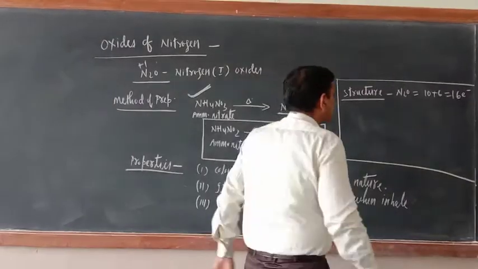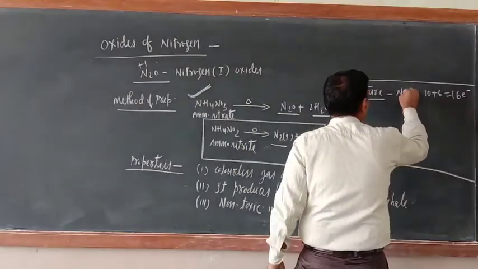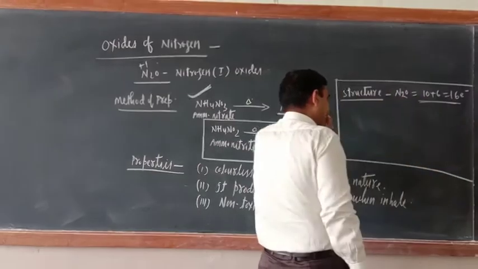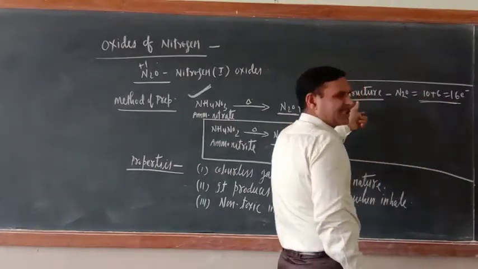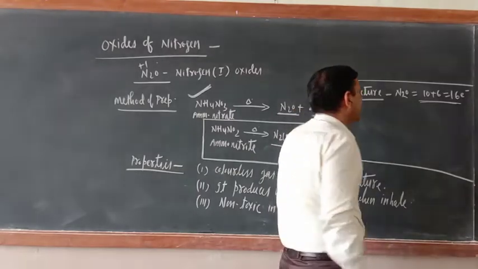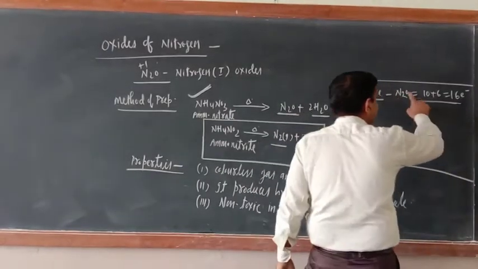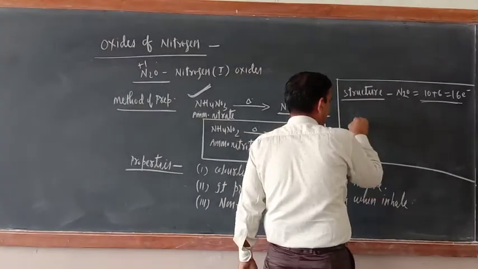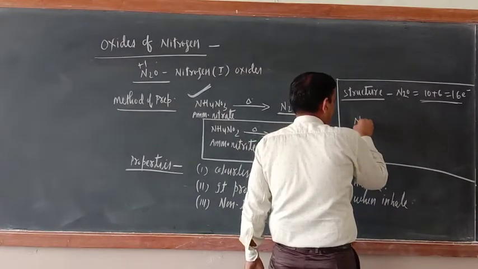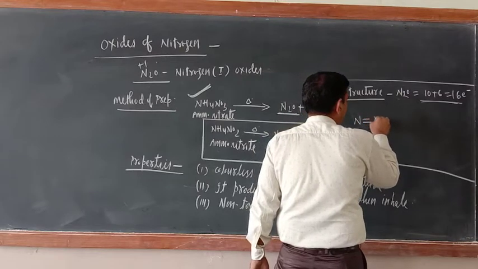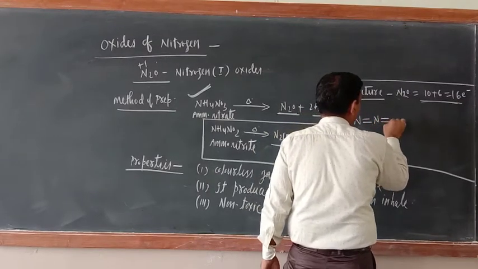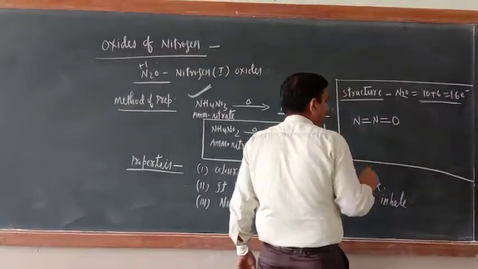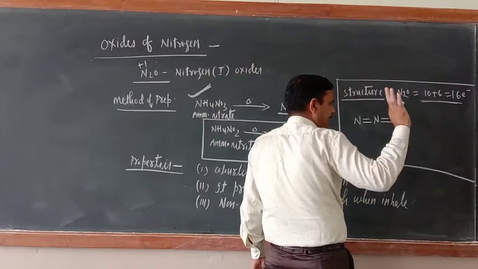Now see the structure. What is the formula? N2O. So what is the total number of electrons? The total number of electrons you have to accommodate in the structure of nitrous oxide is 16. 10 electrons for nitrogen, 6 electrons for oxygen. Now just see, N double bond N, then double bond O. Around the nitrogen, how many electrons are there? 5 electrons.